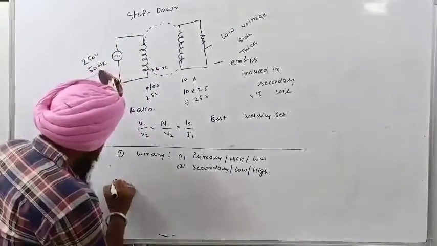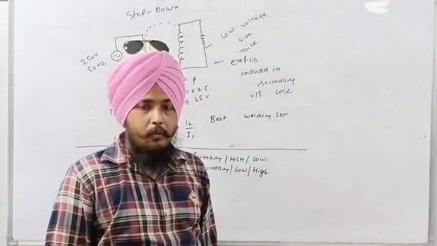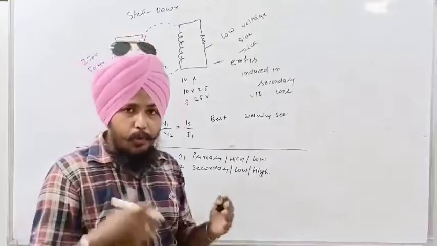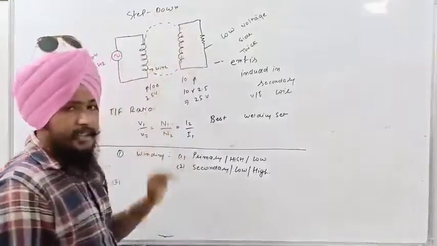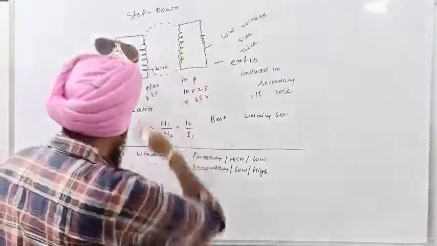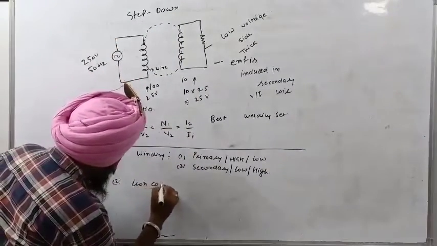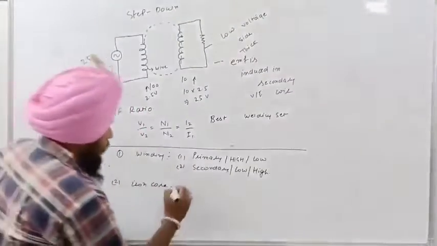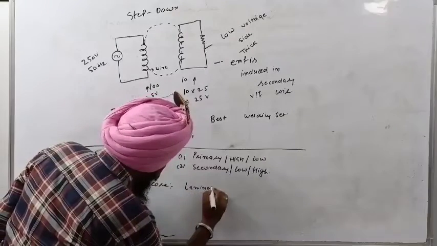We know magnetic flux travels. We need some material, some medium, some source to travel the magnetic flux. The magnetic flux travels through the iron cores. It will be laminated iron cores.